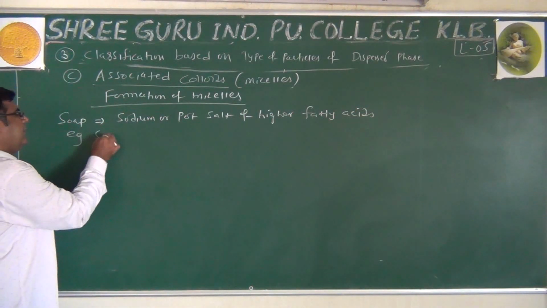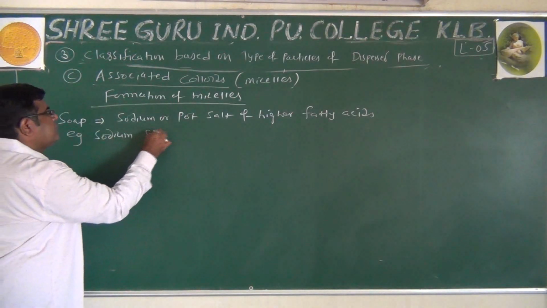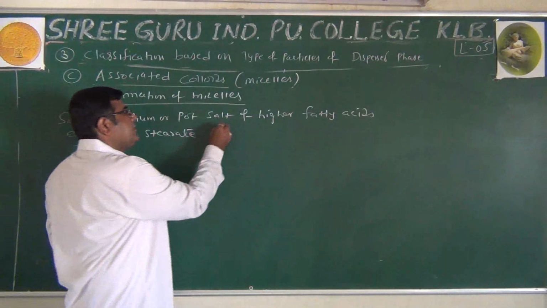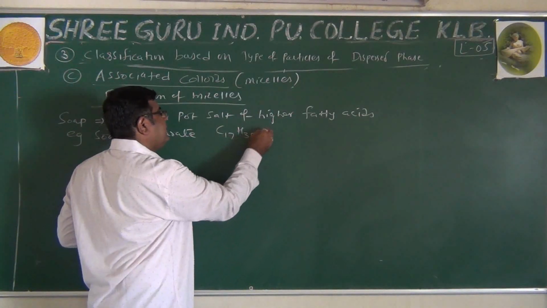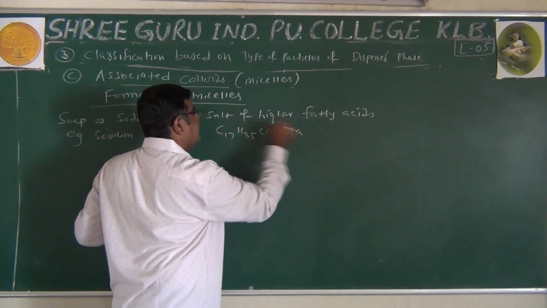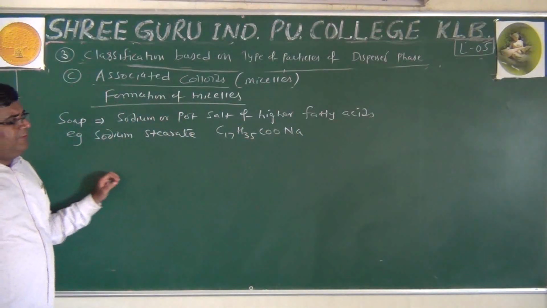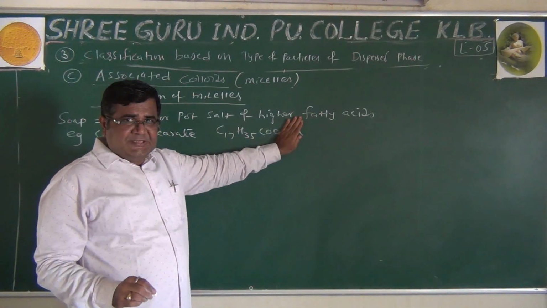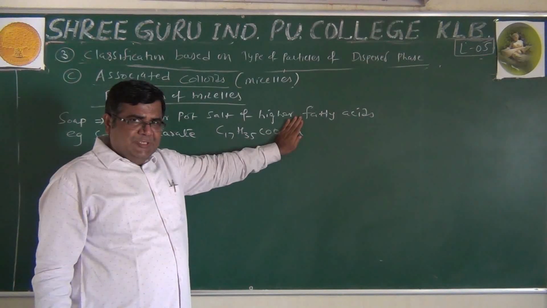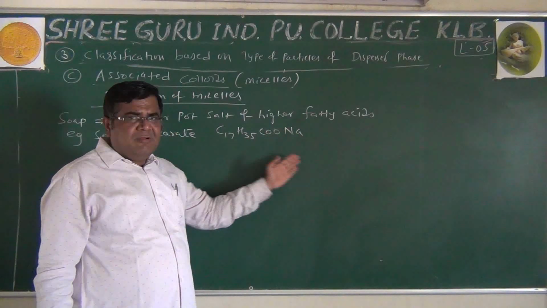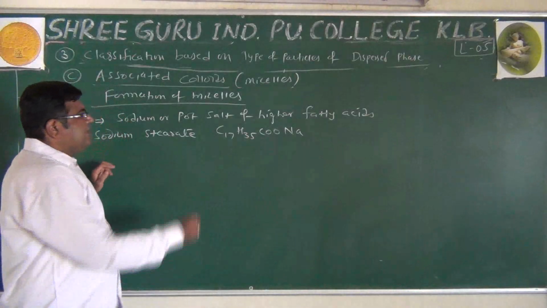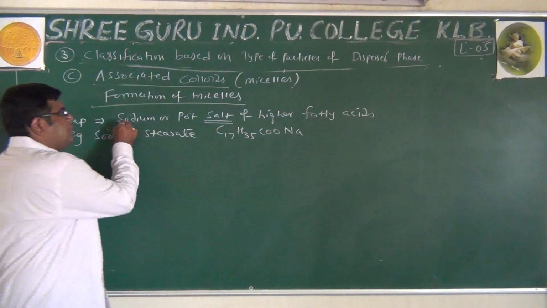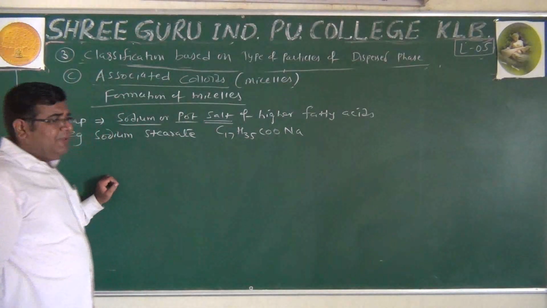Example is sodium stearate, C17H35COONa. Previously it was C17H35COOH, stearic acid, which reacts with base NaOH, and sodium stearate and water are formed. That's why it is a salt formed between acid and base, either sodium or potassium.